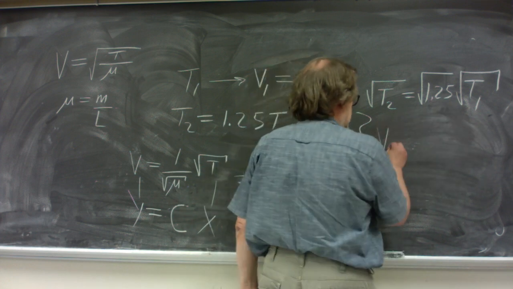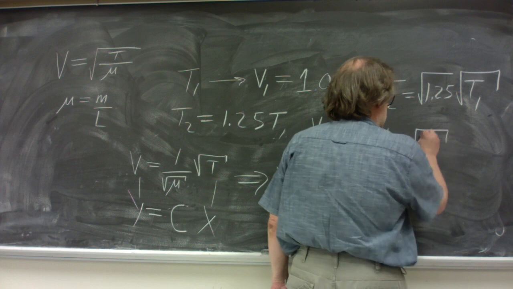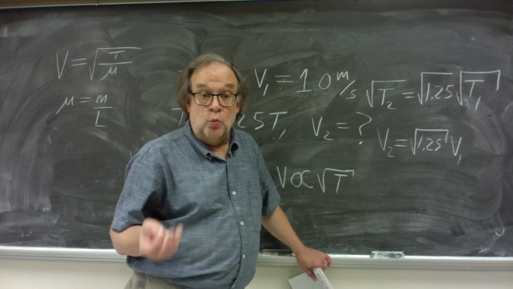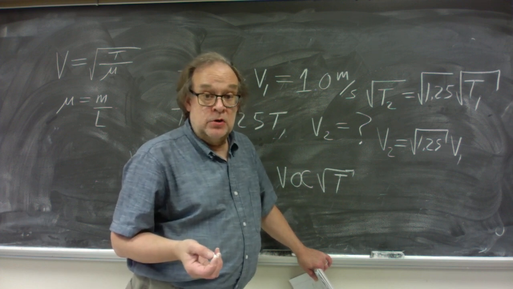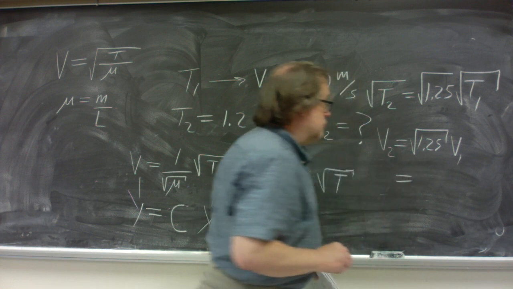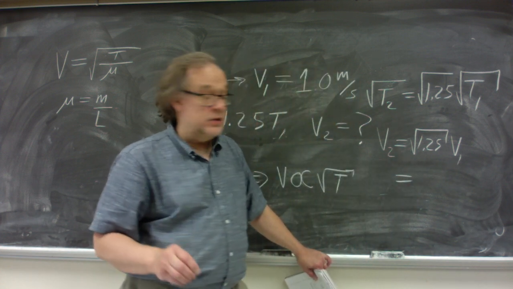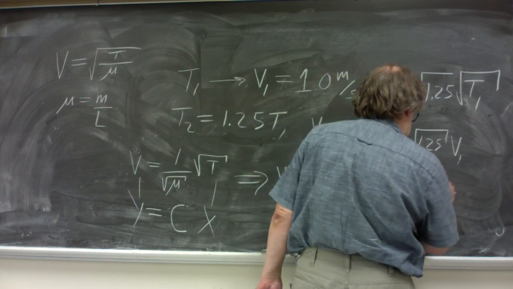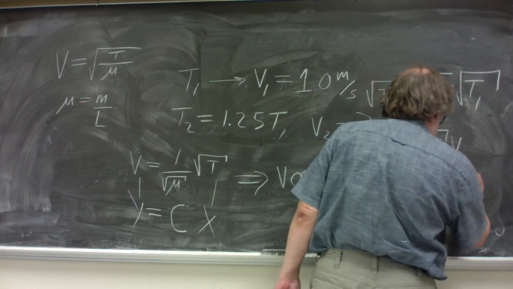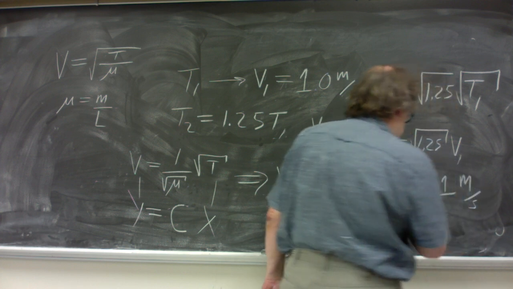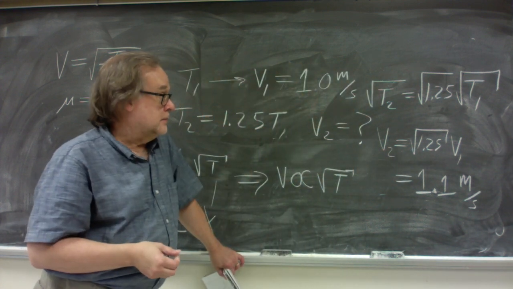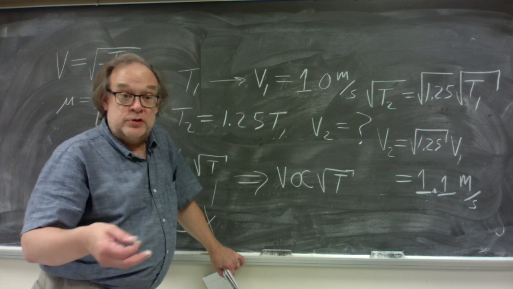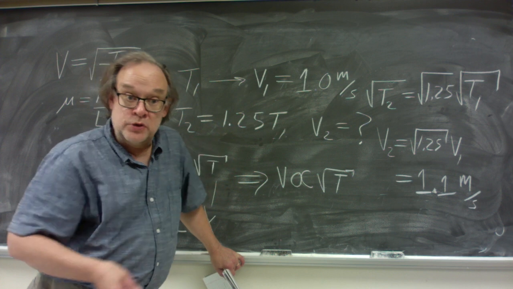New wave speed is that same factor, square root of 1.25 times old wave speed, which was just 1 meter per second. So after you get your calculator to tell you what the square root of 1.25 is, you'll find that the final answer is about 1.1 meters per second. But the tension increased by 25%, but as a result, the wave speed increased by only about 10%.